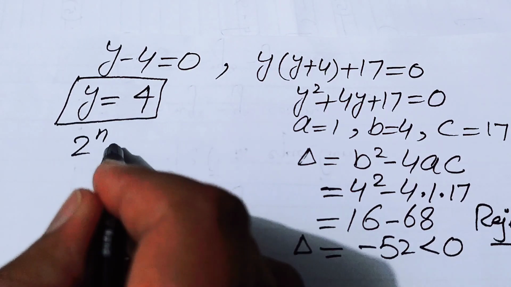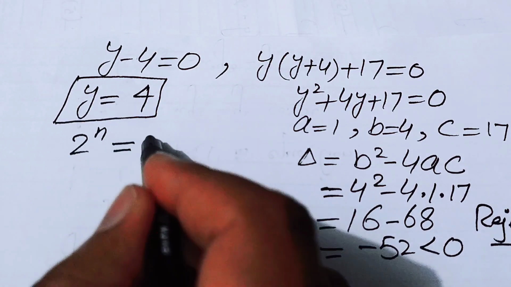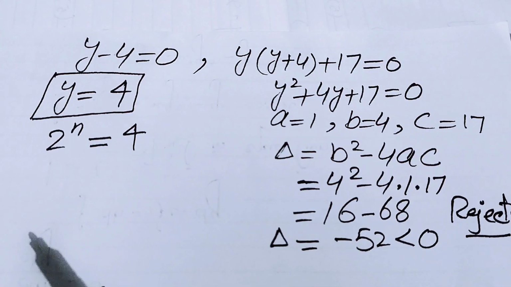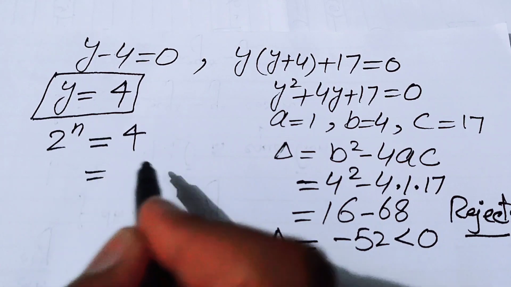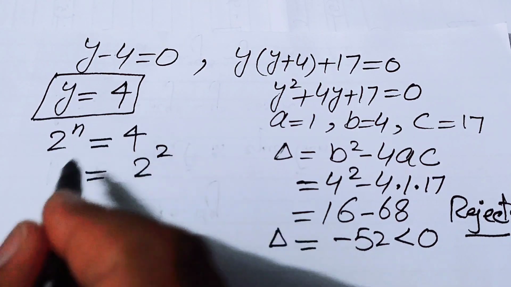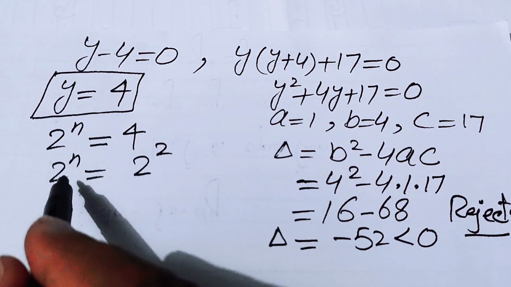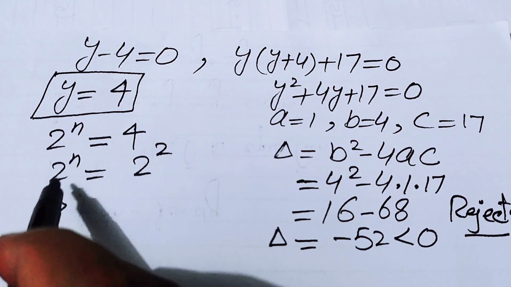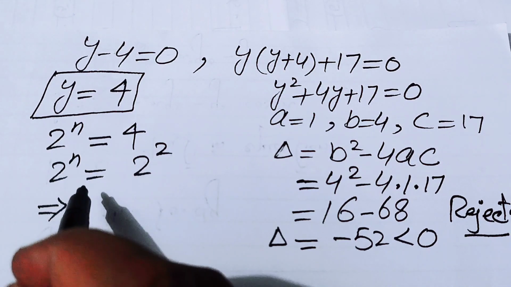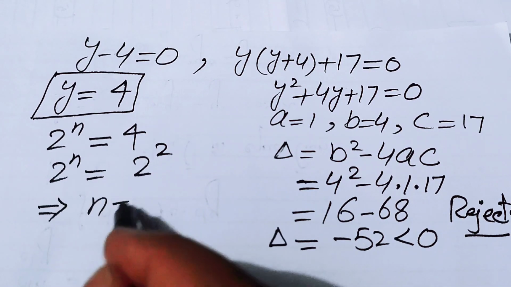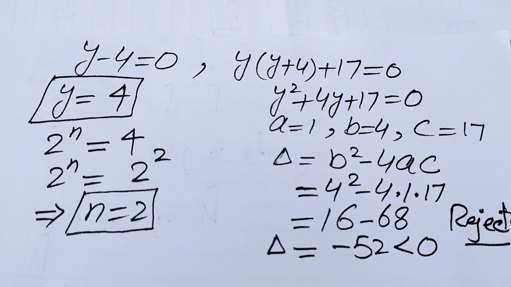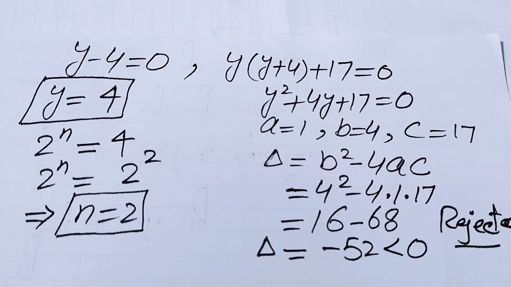So I can put y is equal to 2 to the power of n, so 2 to the power of n is equal to 4, and we can write this 4 as 2 to the power of 2, so 2 to the power of n is equal to 2 squared. Here you see that the bases on both of the sides are the same, so the exponents are equal. Finally we got the value of n is equal to 2, and this is our final answer.